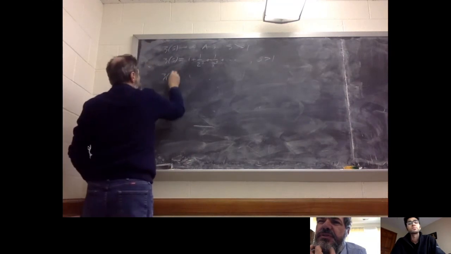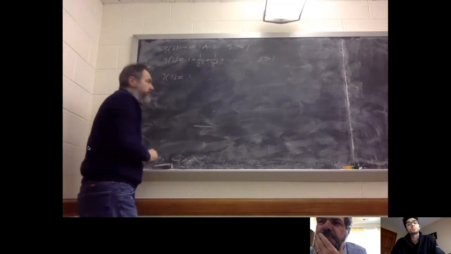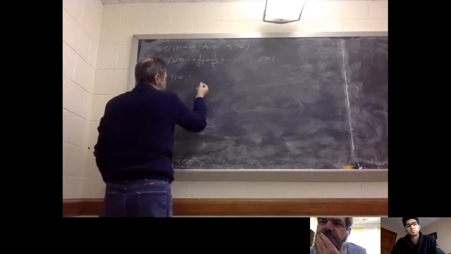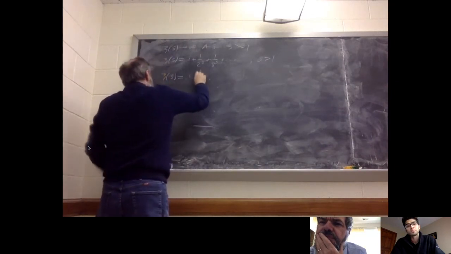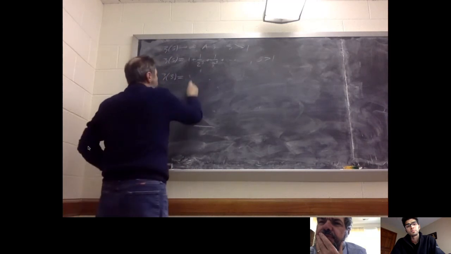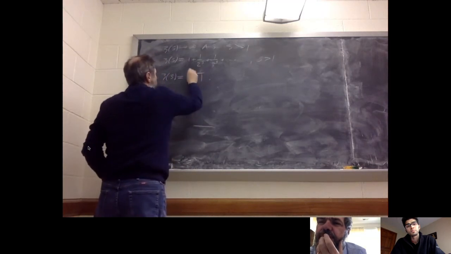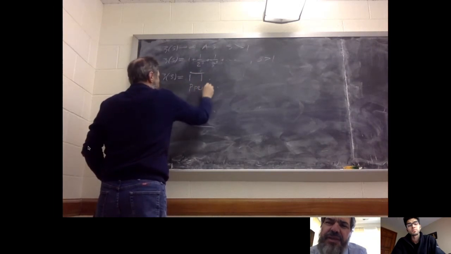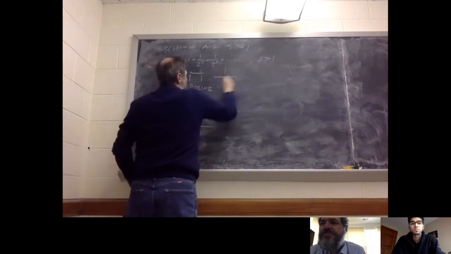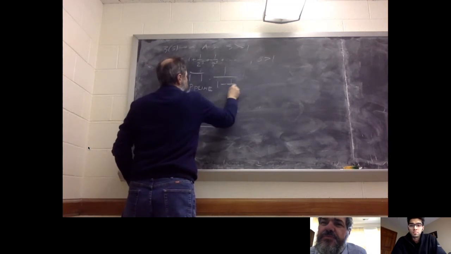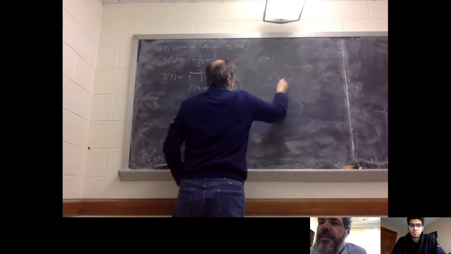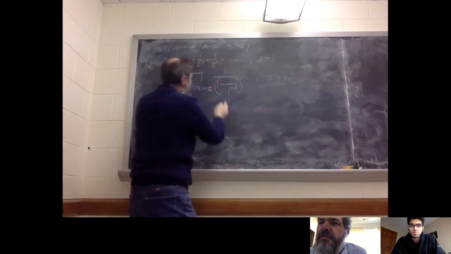So zeta of s is equal to the following product: an infinite product over all the primes p of 1 over 1 minus 1 over p to the s. This holds for any fixed number s larger than 1.